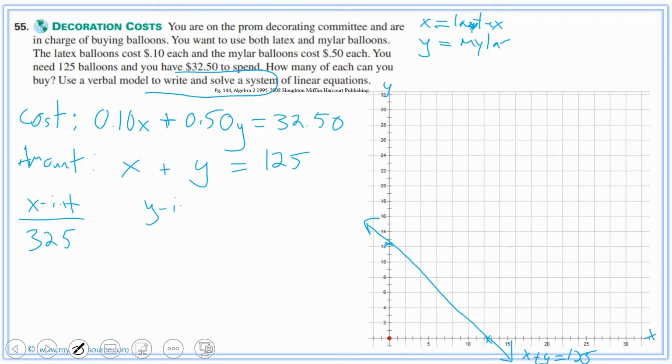And then for the y-intercept, I'm going to have to work this one out. 32.5, that's like the same as multiplying by 50, which is like multiplying by 2, by half. So that's going to give us 65.